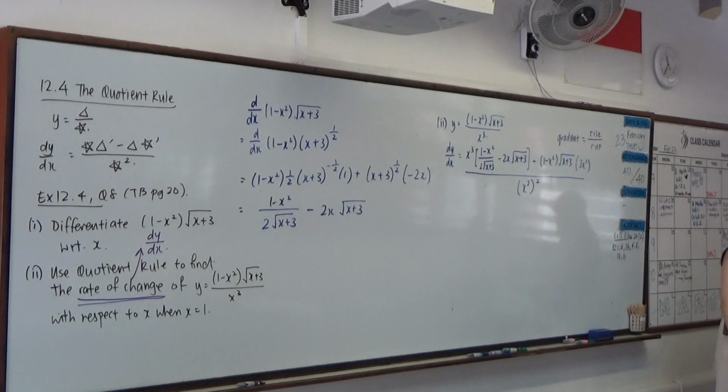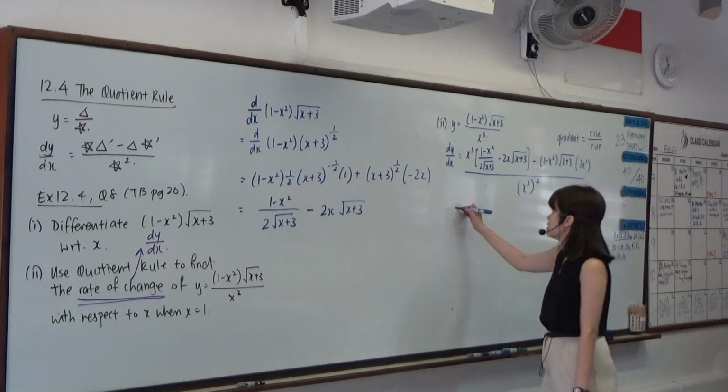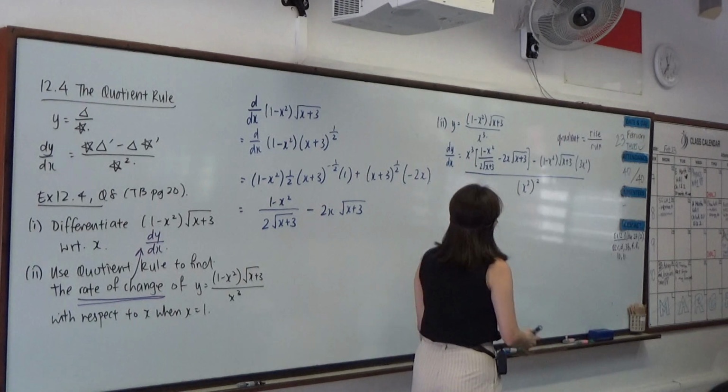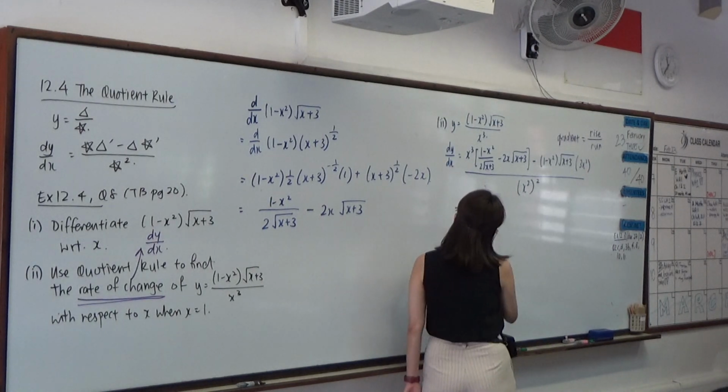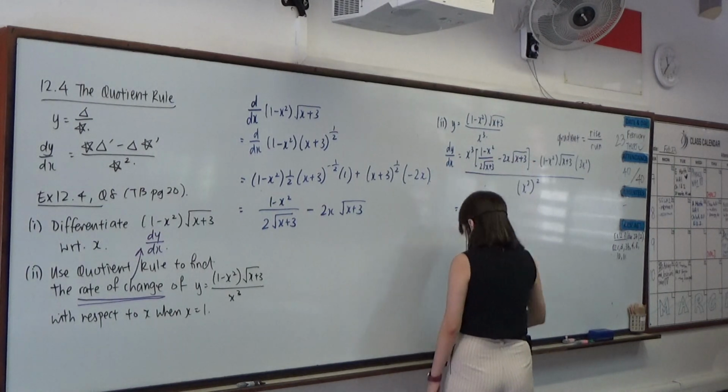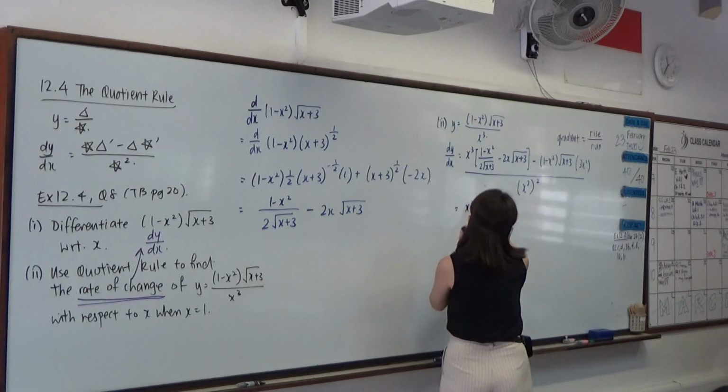And now we have to go through the very tedious task of simplifying. So let's go through it step by step. Keep the x cubed. This one, let's change it into a single fraction.